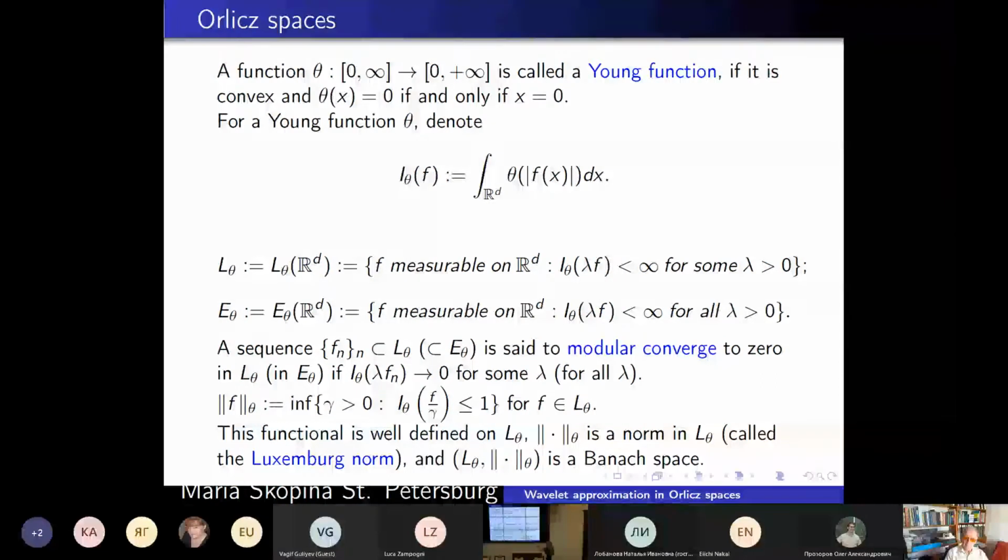In the small Orlicz space, modular convergence is equivalent to norm convergence, but not for L theta.